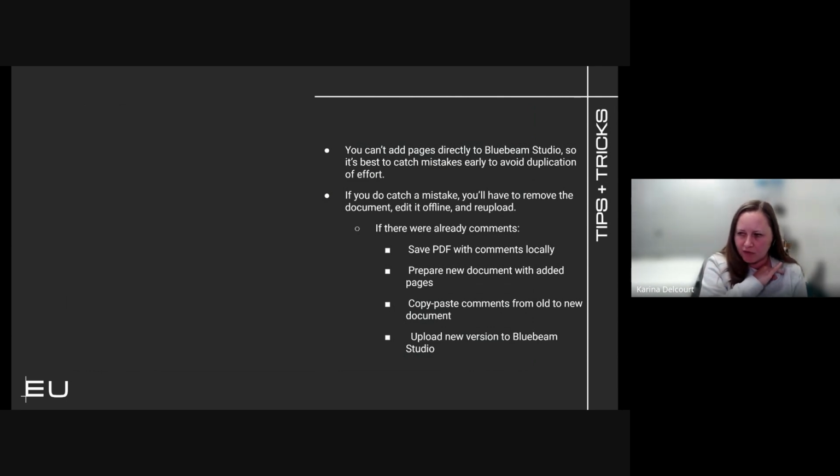If there were already comments, save that PDF with the comments included in the download, save that locally, and then prepare a new document with the added pages and copy paste the comments from old to new, and then upload the new version. To note, if you do that, those comments that you copy pasted are not editable. But that is the biggest thing that they've encountered in terms of making changes.